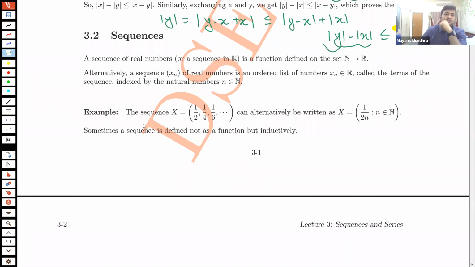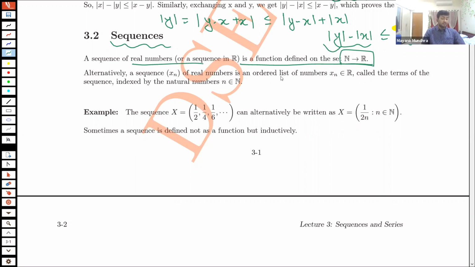Now, sequences. So, what is a sequence? A sequence of real numbers is a function defined on the set N. Till now we have heard of sequences as numbers arranged in some order.